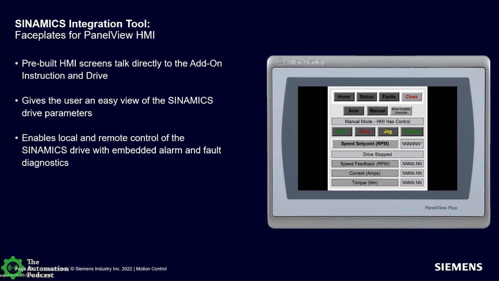And quite honestly, most screens in the field look like this. But it would be a great starting point, so you don't have to map everything yourself. You can use this and then add your own color schemes, resize the buttons if you want, make it bigger, make it smaller. But I just wanted to jump in there and say for those who are not watching, that specifically this is the PanelView Plus. Yes, thank you for that clarification.